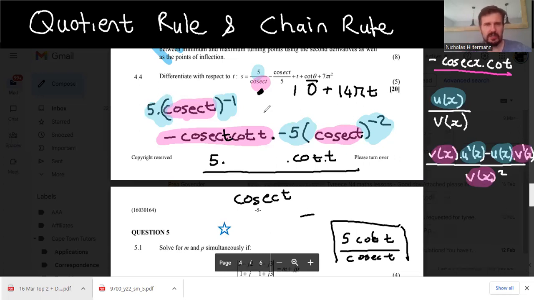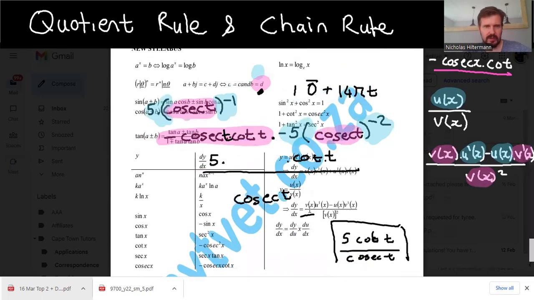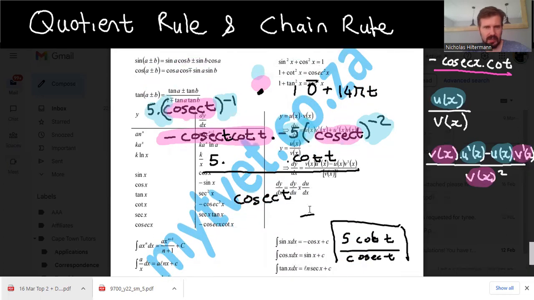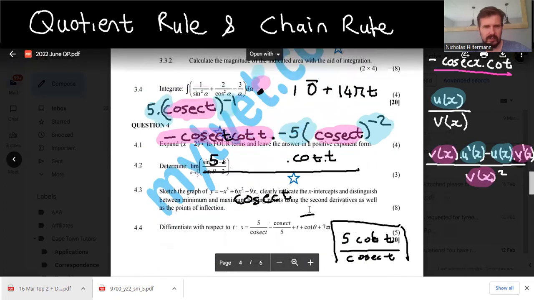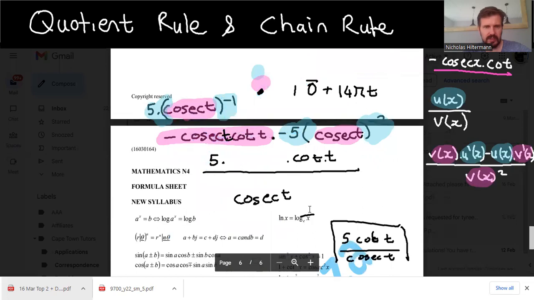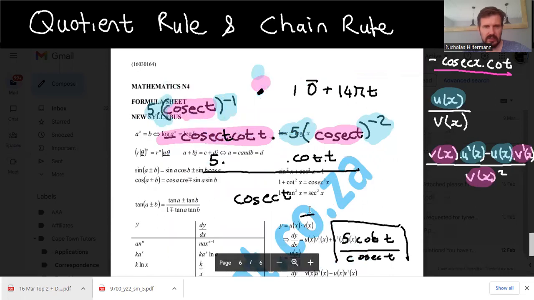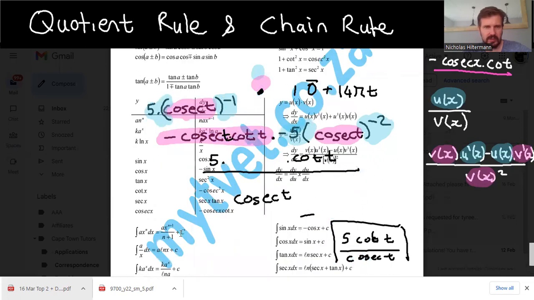Okay, the main thing was just to show you the quotient rule is needed for this question. Okay, let me just go to the bottom. Cot, right? So when you go down here, cot. So the derivative of cot is, yeah, minus cosec squared x.